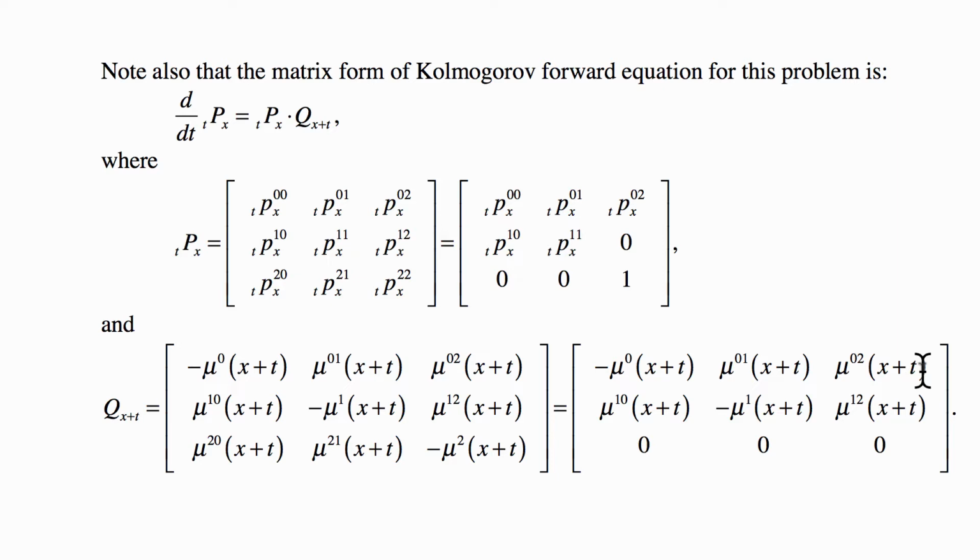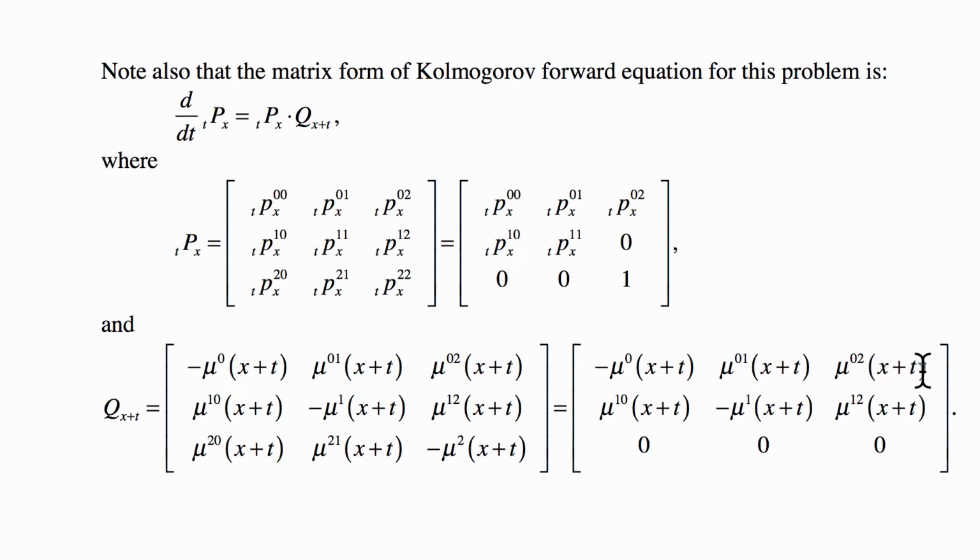And this transition matrix, for which we also have some 0 probabilities, because in certain directions transitions do not happen, specifically from state 1 to state 2, and from state 2 to state 0, and from state 2 to state 1.